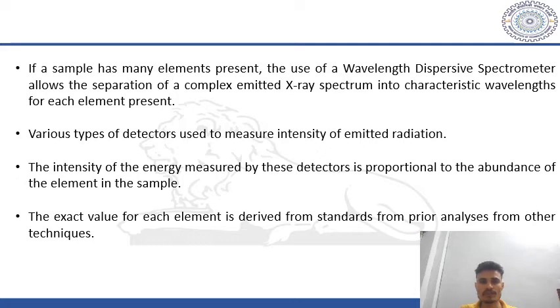Various types of detectors are used to measure the intensity of emitted radiation. The intensity of the energy measured by these detectors is proportional to the abundance of the element in the sample. The exact value for each element is derived from standards or from other analysis techniques.